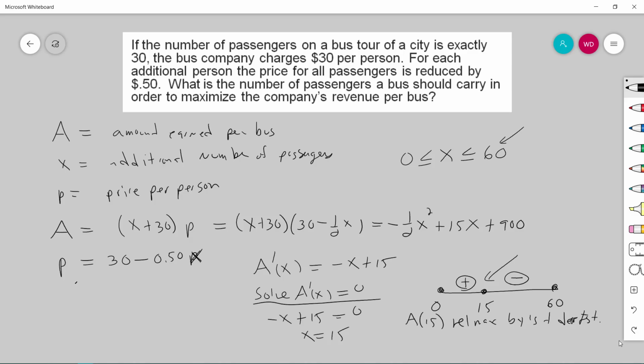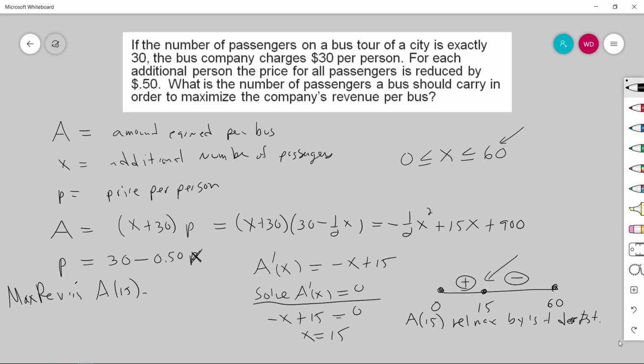For that reason, it can't just be the relative max. It's the maximum. So your maximum revenue is A of 15, whatever that number is. You just plug 15 into your function to find out what that maximum revenue equals. But we didn't want that.